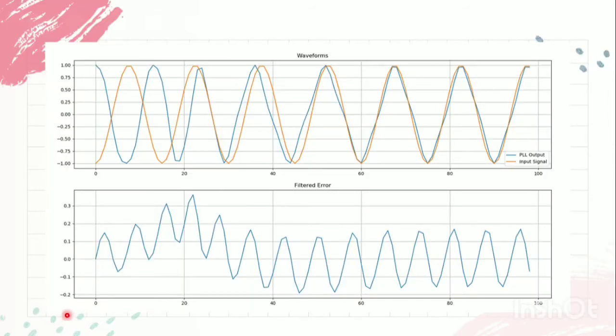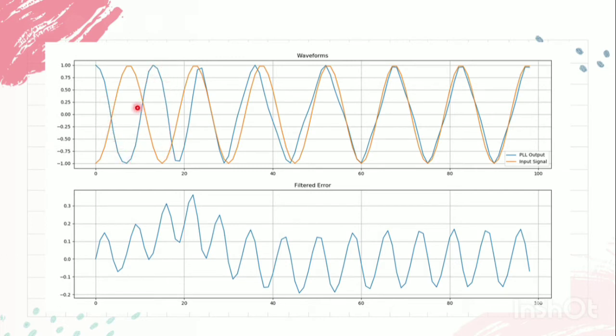Here you can see clearly this orange line. The orange line represents our input signal, that is our input FM wave, and our blue line represents our output frequency.